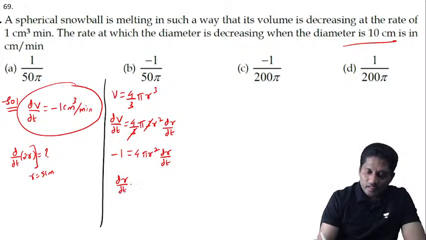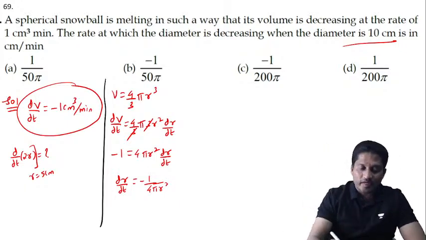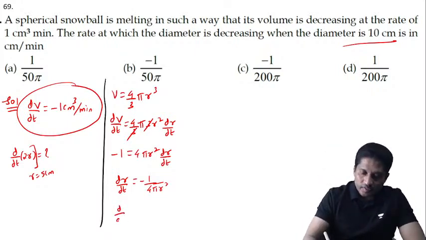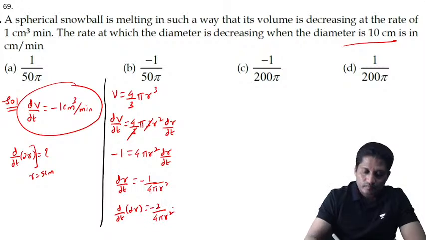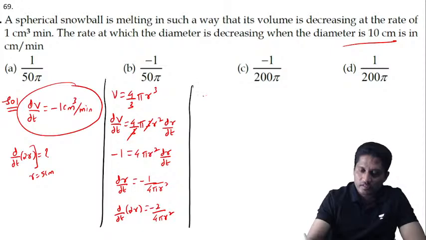Now dr by dt is equal to minus 1 divided by 4 pi r square. Okay, the rate at which the radius is decreasing. Now I am supposed to find rate at which the diameter will decrease. So twice the radius, right? Multiply 2 here, 2 divided by 4 pi r square. So d by dt of 2r is equal to minus 1 by 2 pi r square.